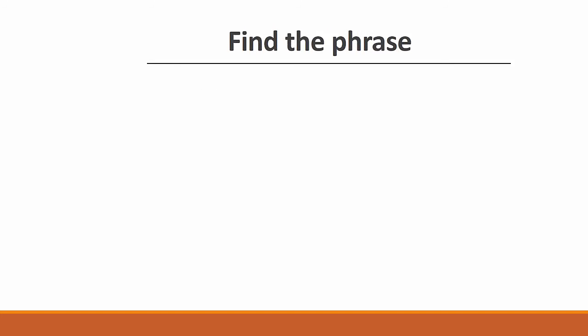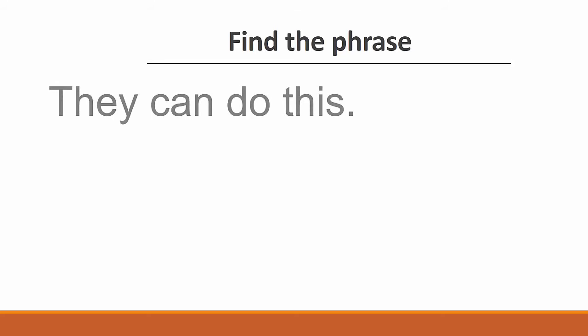So what I want you to do now is to find the phrase within the sentence, the phrase that we just read, and see if you can pick it out in the sentence. Remember the phrase, they can? The sentence is, could you tell which one was they can?